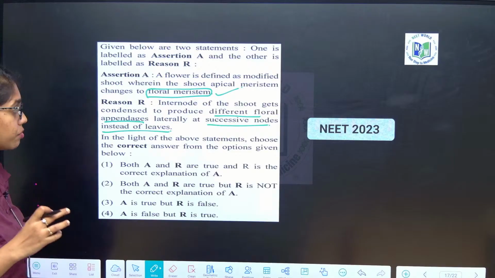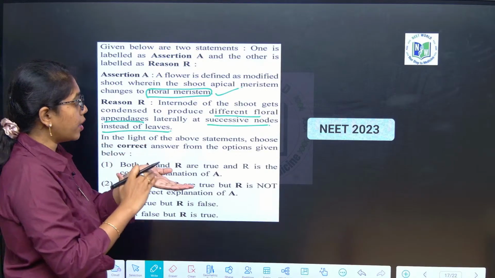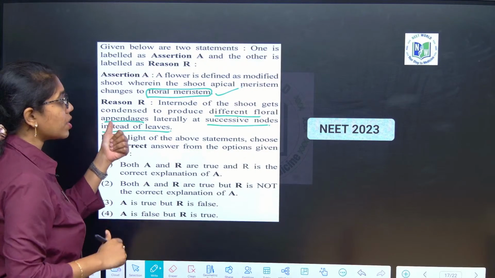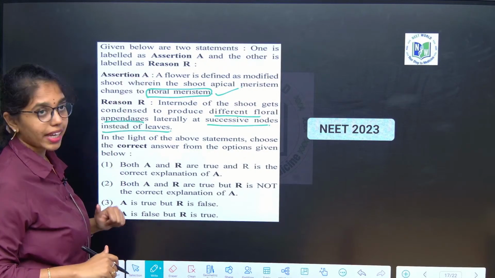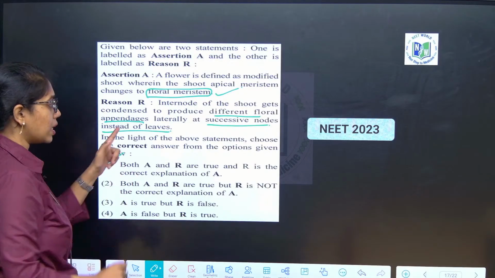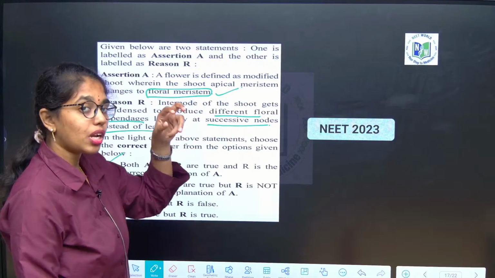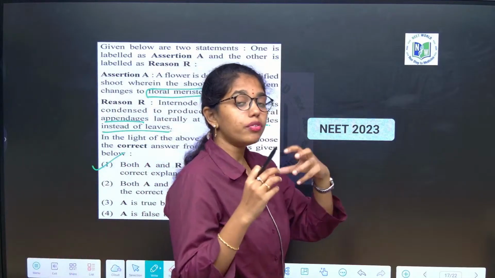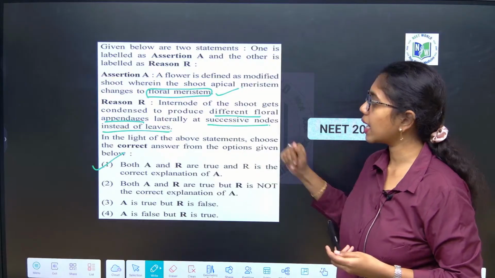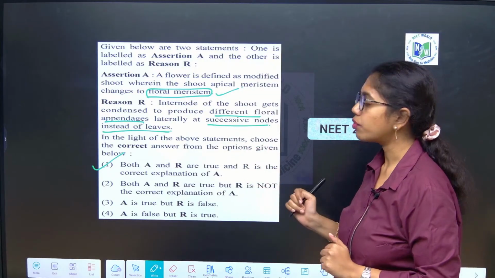Internodal length will be reduced and they will give rise to different floral appendages. So, reason is also true and reason is explaining assertion, how shoot apical meristem is modified to floral meristem. So, we have to go with option 1.